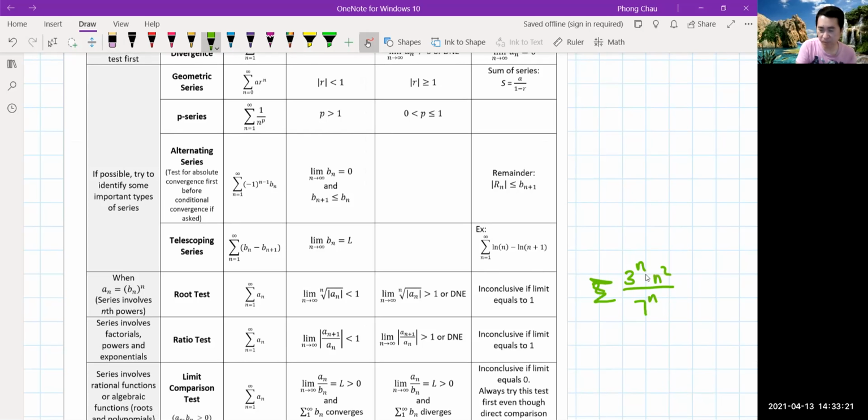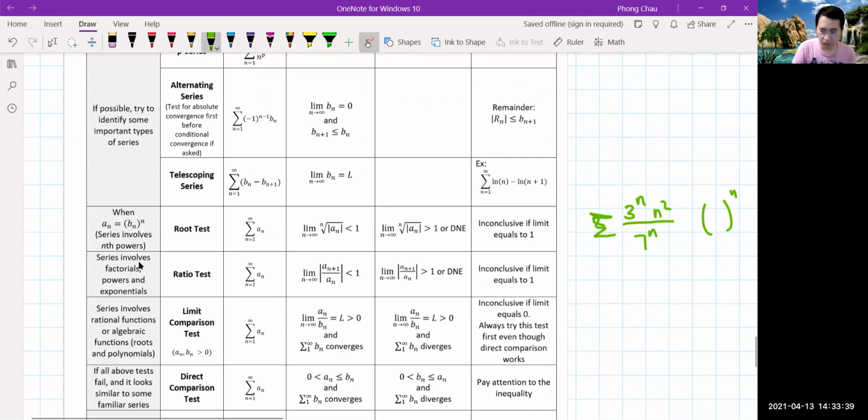Notice that this has an n power, but it's not the root test, because you cannot write that as something to the n power for the entire term. That's an n power, but it's the second power. So that is not the root test.